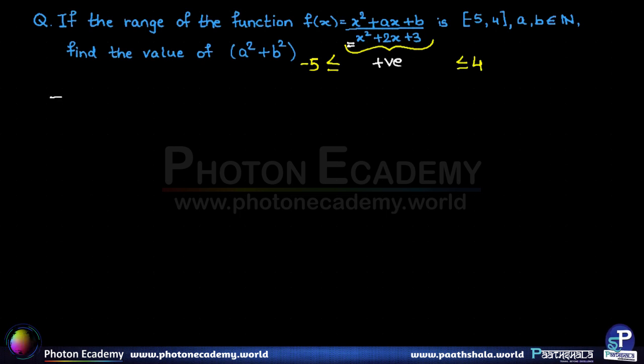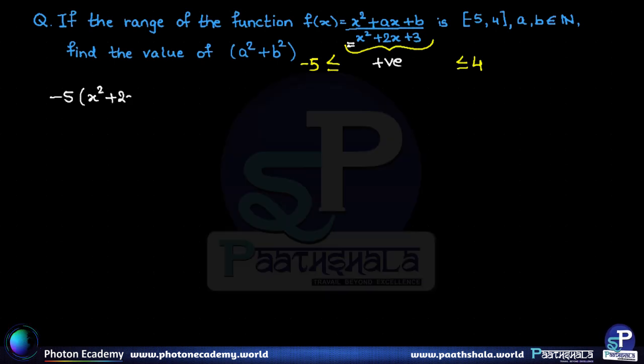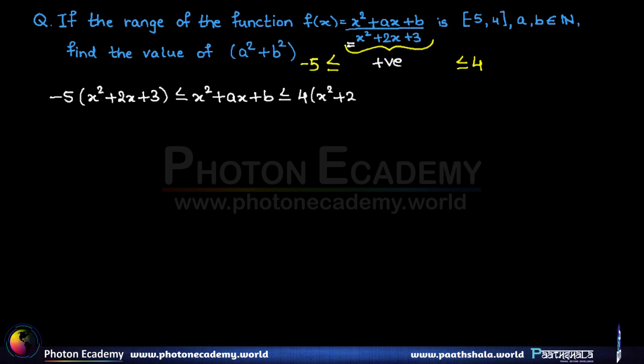So we have minus 5 times (x square plus 2x plus 3) is less than or equal to x square plus ax plus b, that is less than or equal to 4 times (x square plus 2x plus 3).